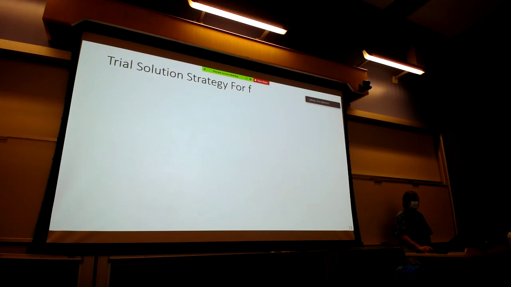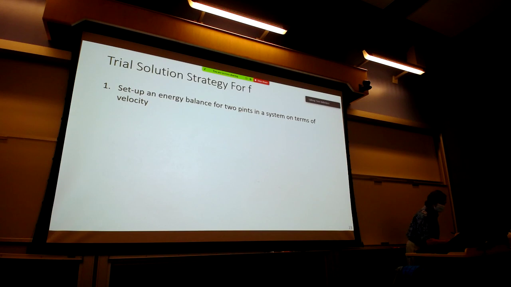So I'm going to show you a strategy for friction factor. First thing you do is set up an energy balance for 2 points, not 2 points, pints. I guess I was doing this last night. Setting up an energy balance for 2 points in a system in terms of velocity. So, for example, we've got our pipe, just like the previous problems. And between 2 points, 1 and 2, we've got the energy grade line decreasing in the direction of flow, and we would say that B1 is equal to B2 plus h_L.